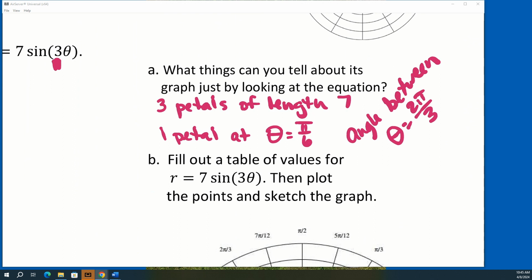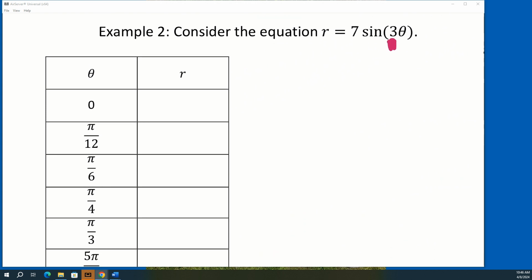We could visualize what this rose looks like, but we're going to get a bunch of points, like 14 points or 13 points. I'm going to do some of these with you, and then I have these cards for you guys to do one on your own, so we collaborate to get all the points on the graph, because this is very tedious to figure out.